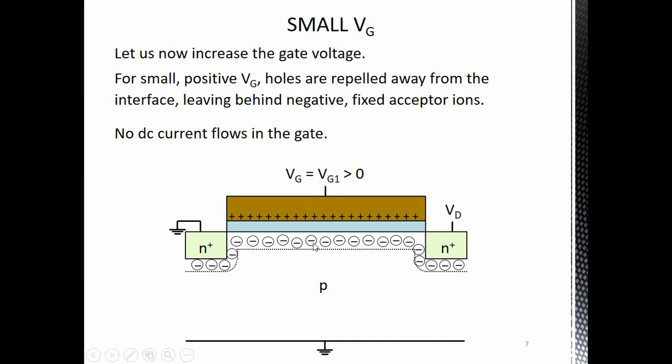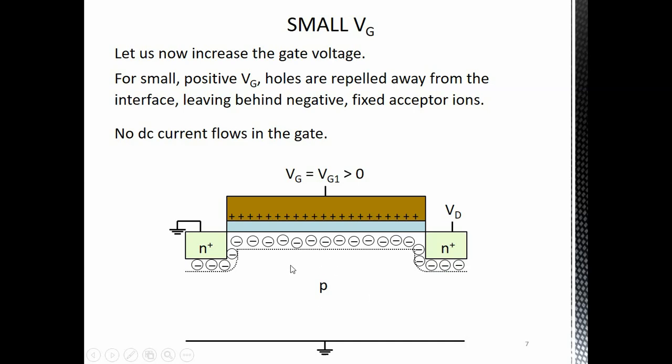So now this basically is a capacitor, metal oxide semiconductor. Metal is conducting, semiconductor is reasonably conducting because it is doped. A positive voltage to the gate will cause positive charges to accumulate at the metal surface closest to the semiconductor, and the positive voltage will repel the holes from the semiconductor.